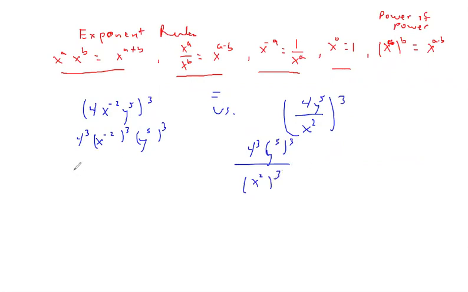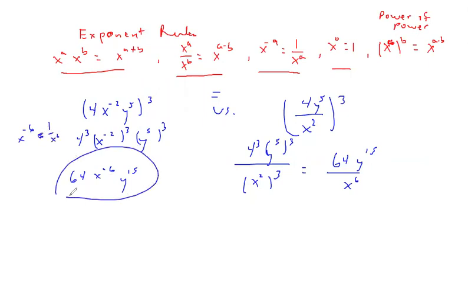So we'd have 4 times 4 times 4 would be 64, x to the negative 6, y to the positive 15. Same thing here, 64, y to the 15th, x to the 6th. Remember though, x to the negative 6th is the same thing as 1 over x to the 6th. Hence, this is the same answer as this.